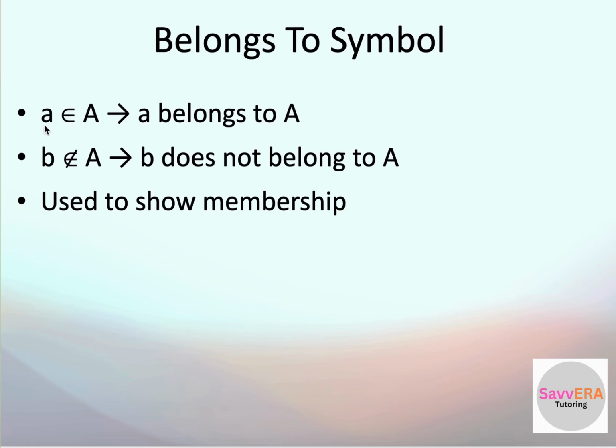So we would read this as a belongs to A. We know a is an element because it's in lowercase and the set is capital A. b does not belong to A. So that's how we would read this. Again, b is lowercase, so it's an element. A is capital, so it's a set. And these show memberships.